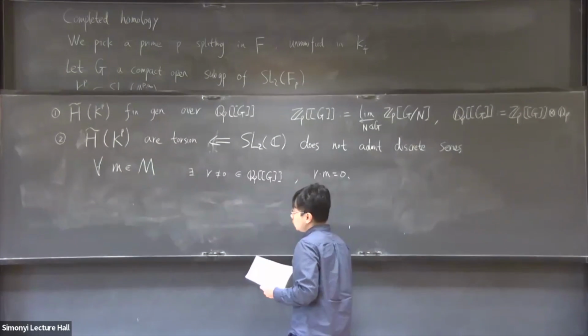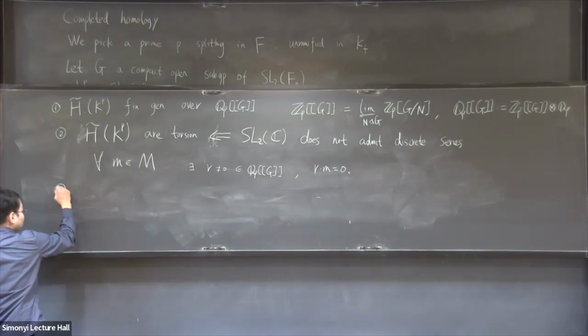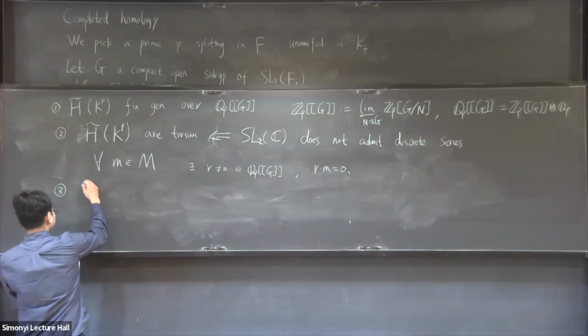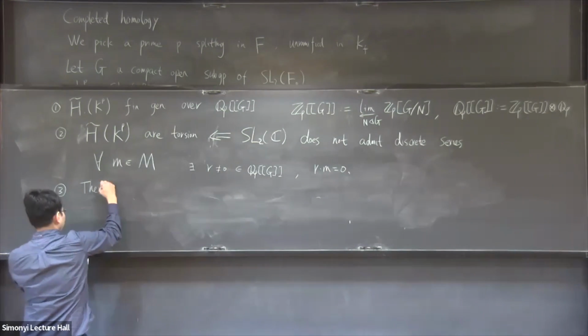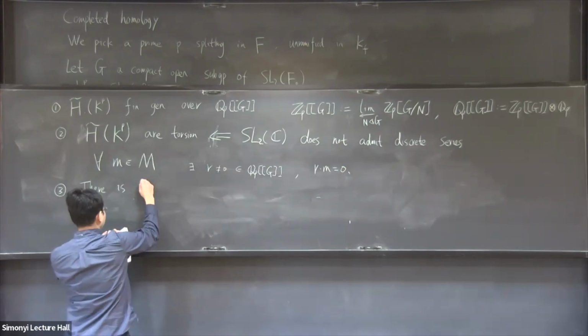And lastly, we need to recover the usual homology using completed homology, and so there is a spectral sequence for recovering the usual homology.